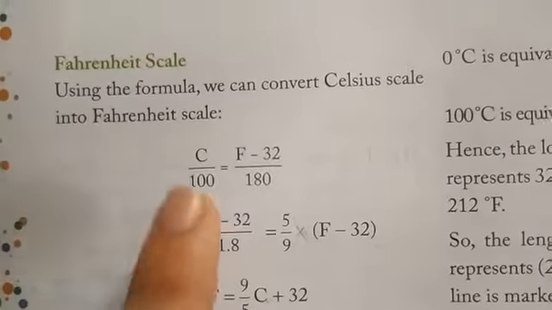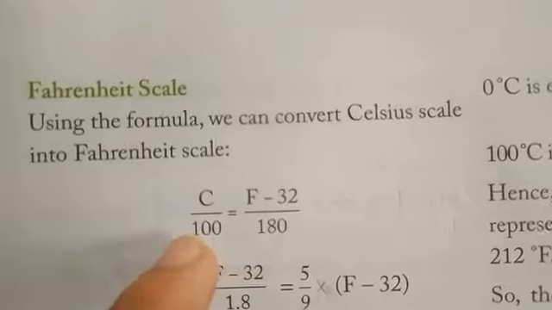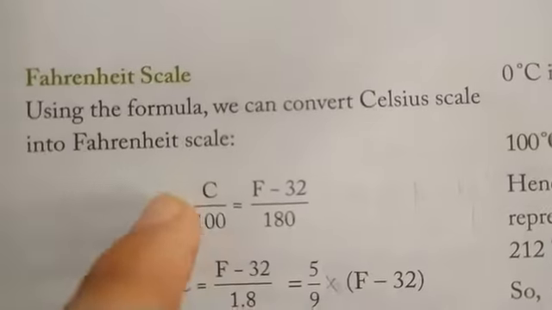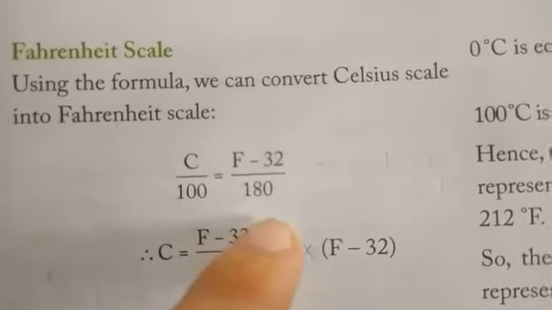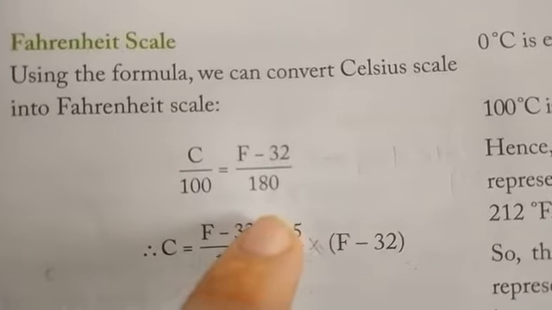Now we will study the third type of scale, the Fahrenheit scale. We have to see the relationship between the Celsius scale and the Fahrenheit scale. Degree Celsius over 100 is equal to degree Fahrenheit minus 32 over 180.